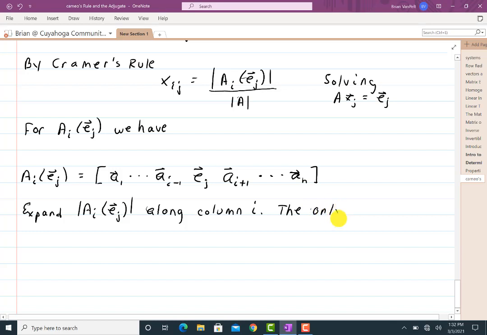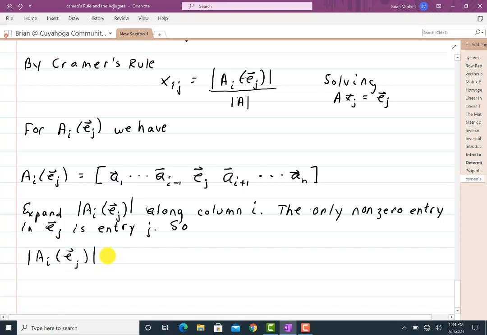The only non-zero entry in E j is entry J. So the first item there will be a 0.